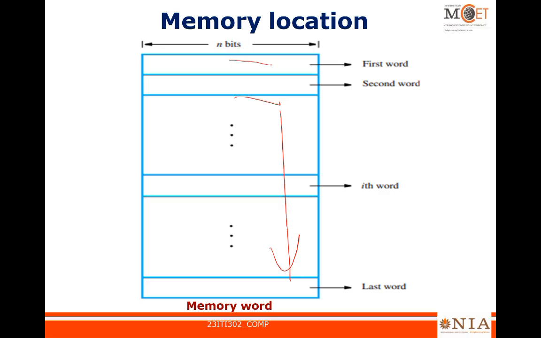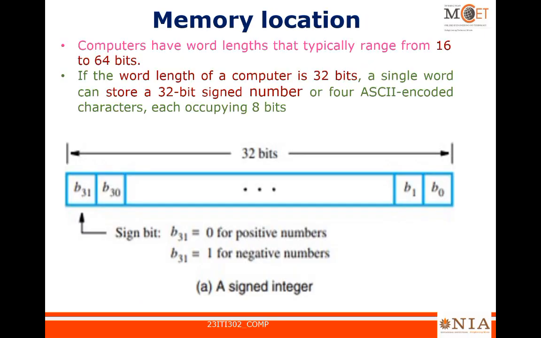In the next slide we see the memory locations. As we already saw in our classroom explanation, consider ASCII characters as an example, with a 32-bit processor or a 64-bit processor.